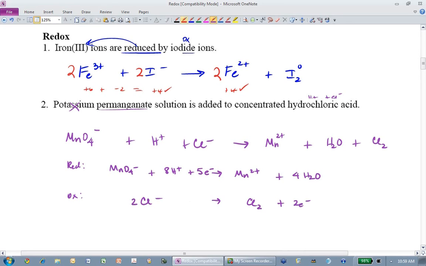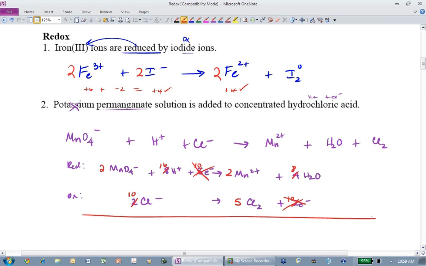Well, now I've got my 2 prime numbers worth of electrons, a 5 and a 2, so I must multiply the 2 by 5 and the 5 by 2. It's a 2-5 trick. So come along and multiply everything up here by 2. Ta-da! Multiply everything down here by 5. Ta-da! 10 electrons on both sides. That was the goal of this game.